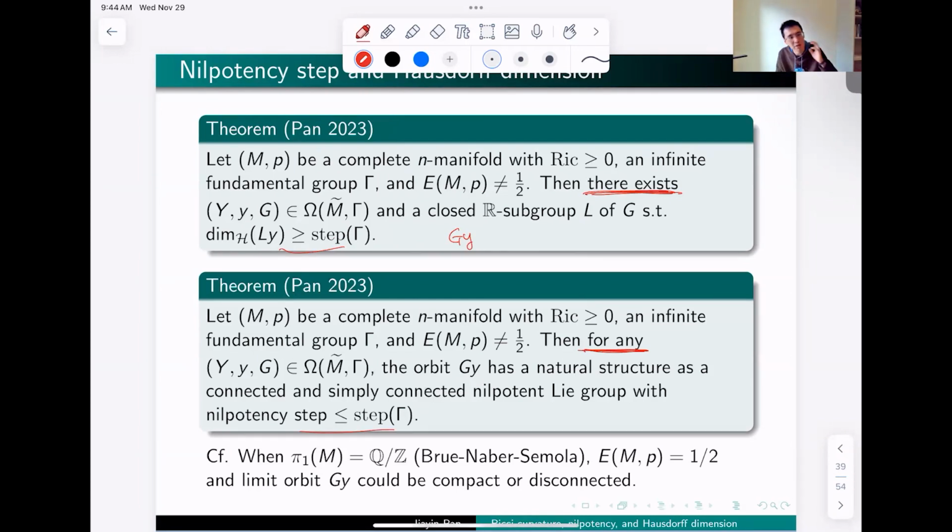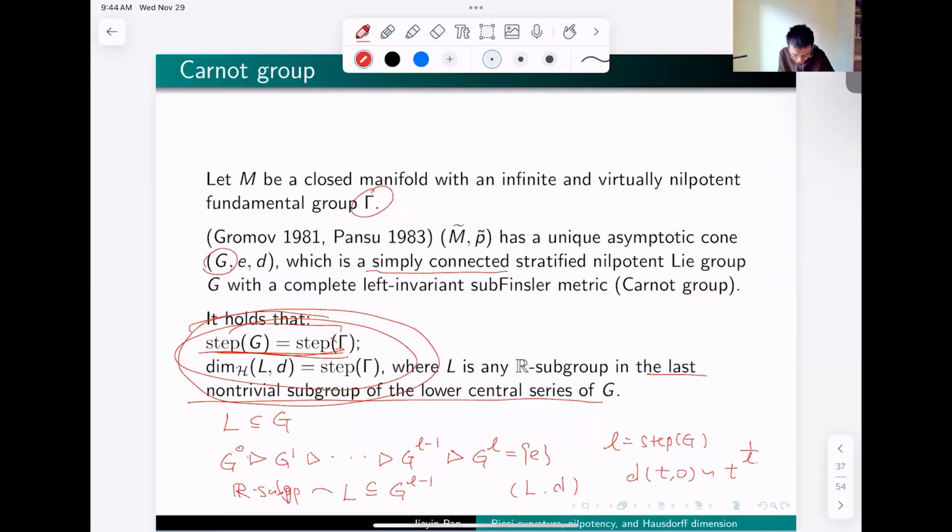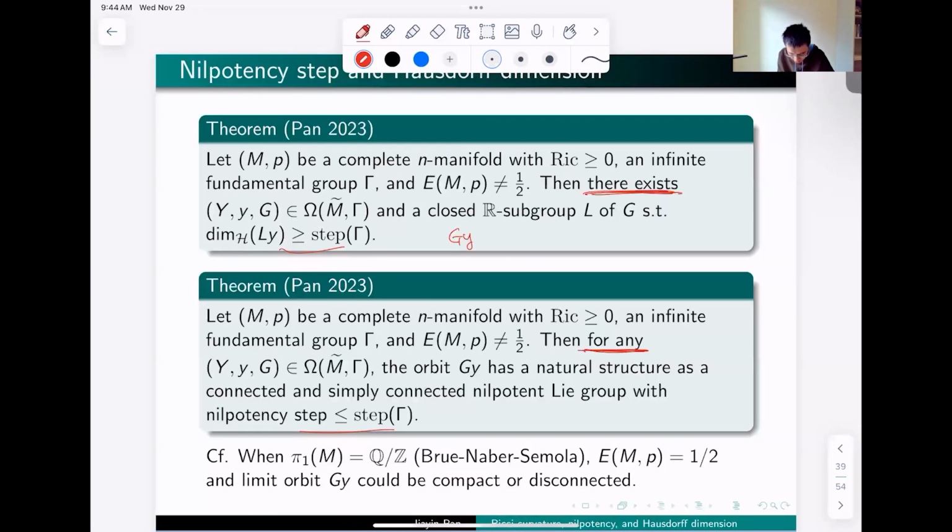You can have examples where they are the same, and examples where they become strict inequalities. Another thing is, in the closed case, the limit is a simply connected stratified nilpotent group. Here we get a connected and simply connected nilpotent group, but it may not be stratified.